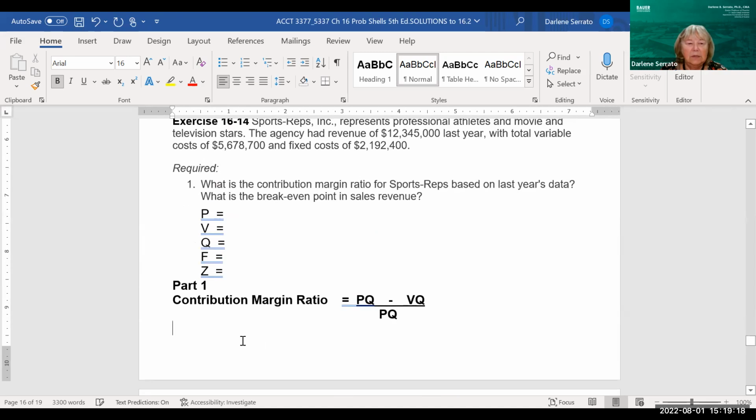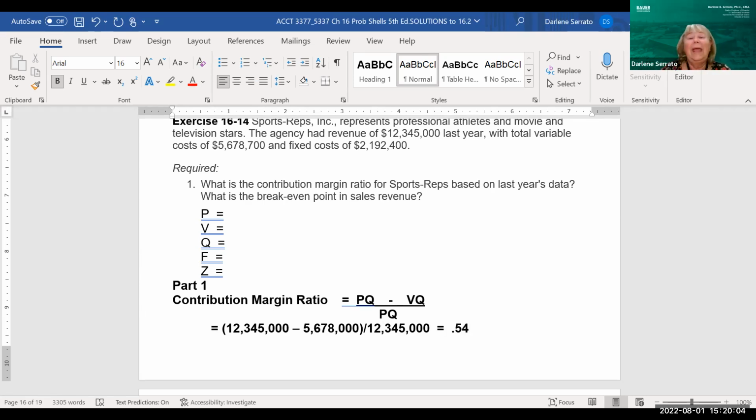So it's going to be revenue of 12,345,000 minus variable expenses of 5,678,000 divided by the 12,345,000. And that should give us 0.54.